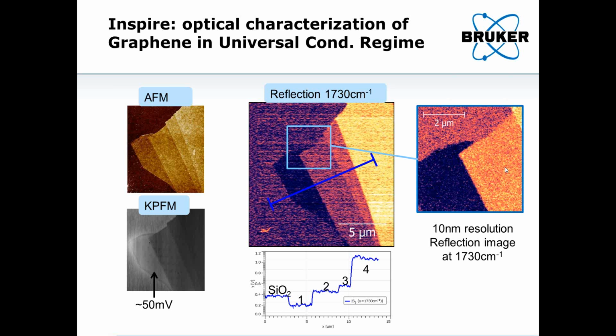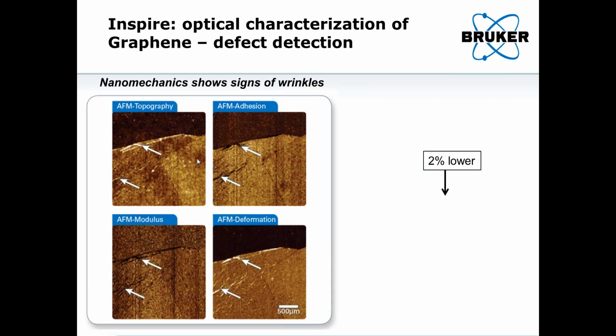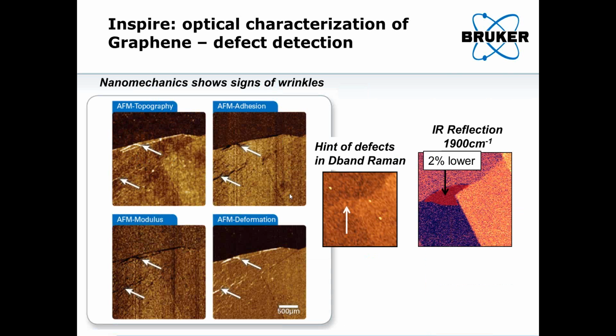But if we look at this region in a few other imaging modes, for instance, if we look at the nanomechanical properties of this region using PeakForce Q&M, we see that it shows signs of wrinkles. And in the region where the wrinkles appear, we also noticed that the infrared reflection signal is about 2% lower, which is highlighted in this red mask.